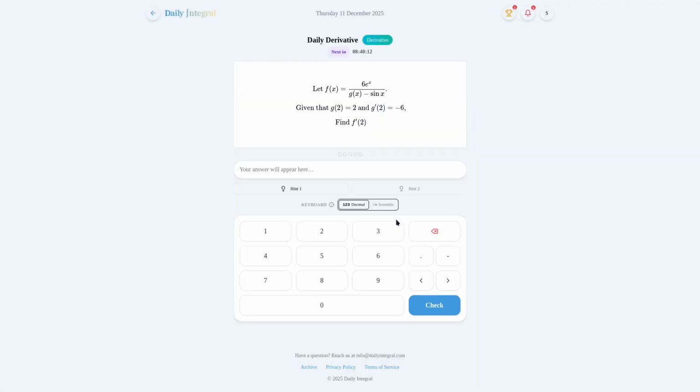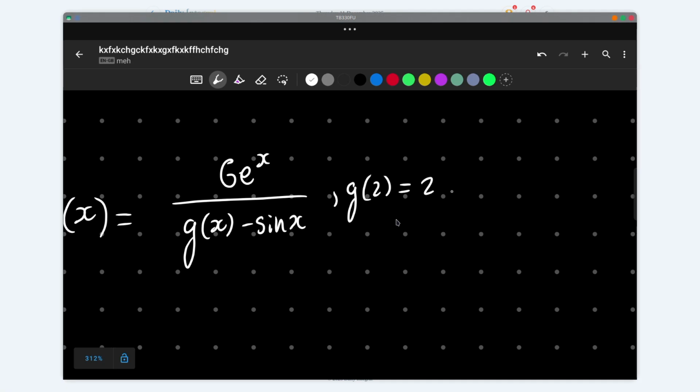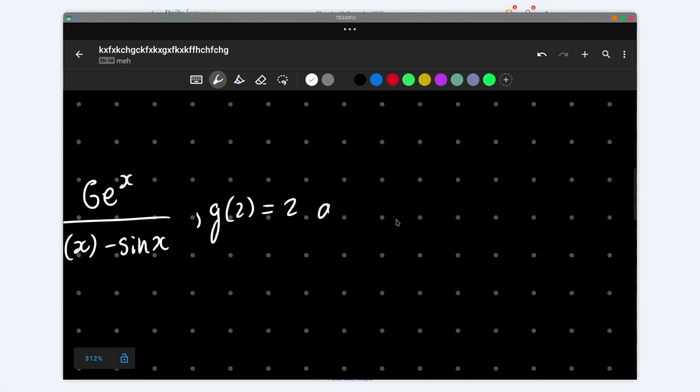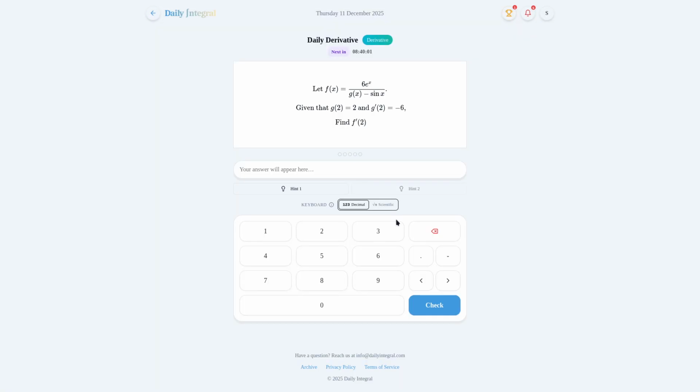What do they want me to do? g of 2 equals 2, and same input, g prime of 2 equals minus 6. Where did I see 0? Okay, you have 2 and minus 6. There was no 0. Okay. Find f prime of 2.